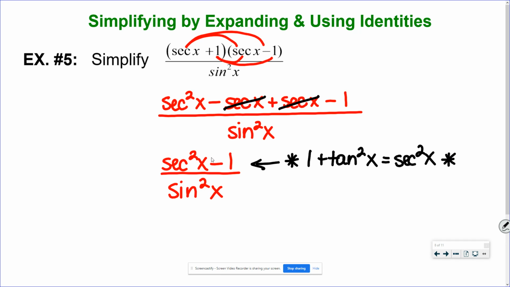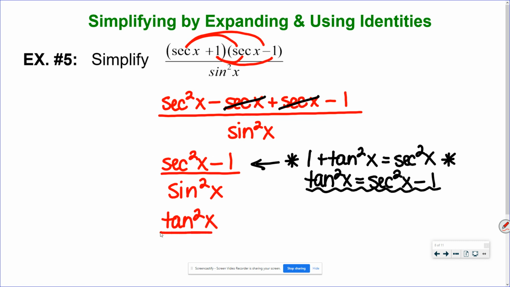What I need is the secant and the 1 to be on the same side. I think I could just subtract the 1, right? If I subtract the 1 in this Pythagorean identity, I get something that looks exactly like the numerator. It says secant squared minus 1 is the same as tangent squared. So I'm going to make that substitution.